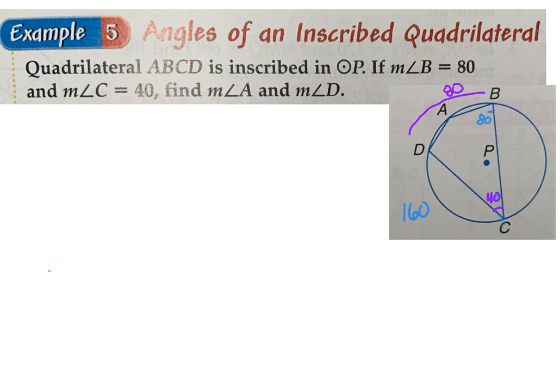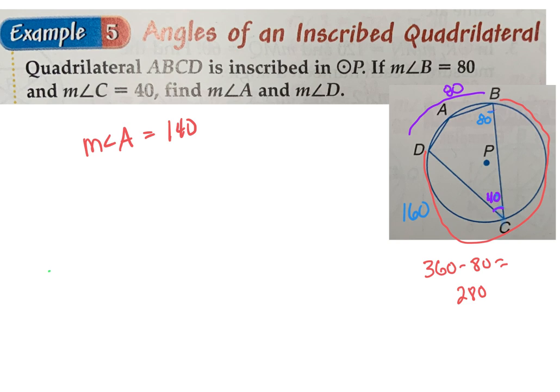And then if I look at D and A, I need just A. I could possibly calculate all of this, right? How would that help me? 360 minus 80. Yes, 360 minus 80. What does that give me? 280. That tells me the arc length. Does that help me with the angle? Yes. How does it help me with the angle? Yeah, so the measure of angle A should be 140.